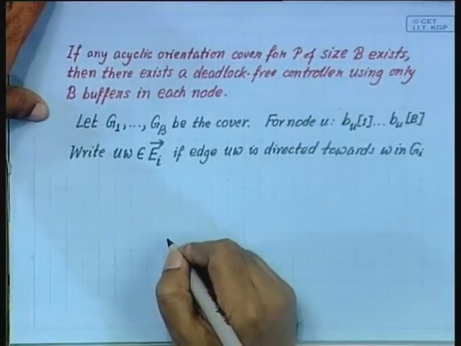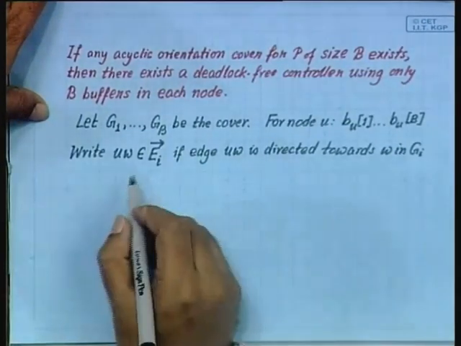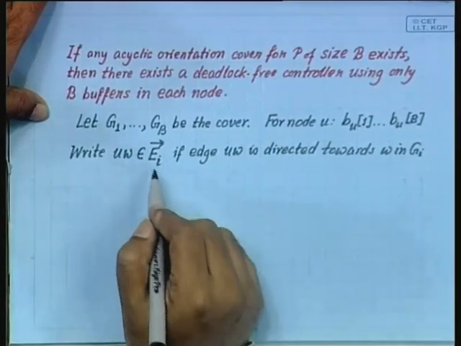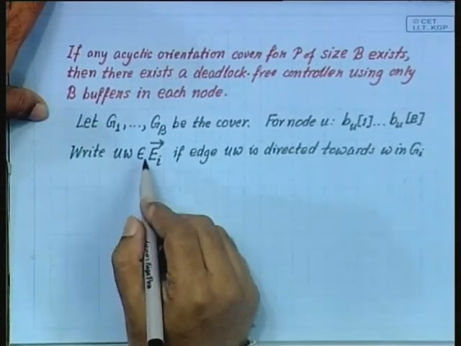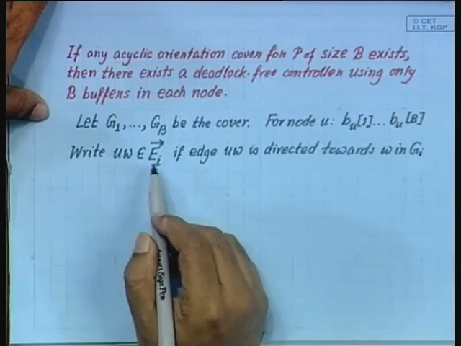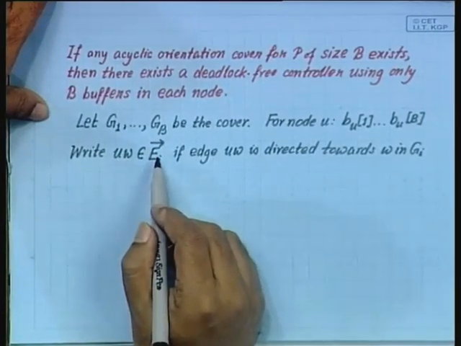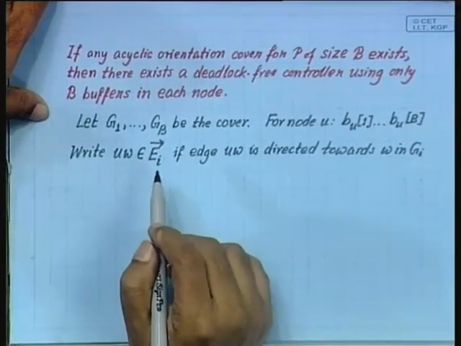Okay. And otherwise, if it is in the opposite direction, then we will write WU belongs to E_i. Now, because it is an acyclic orientation, for every edge either you will have UW belonging to E_i or you will have WU belonging to E_i. Okay.